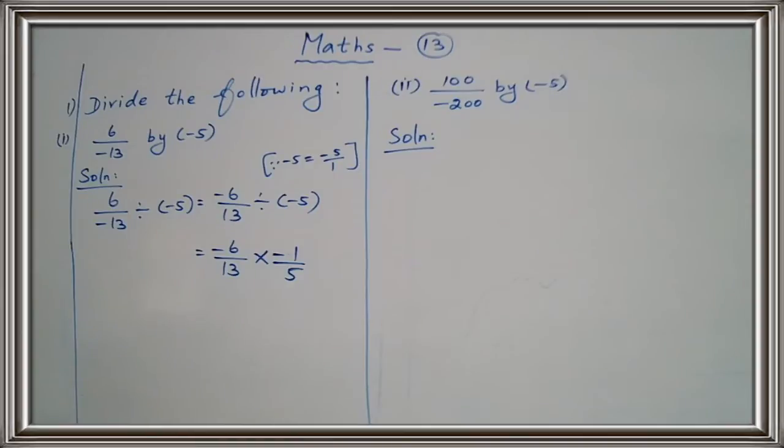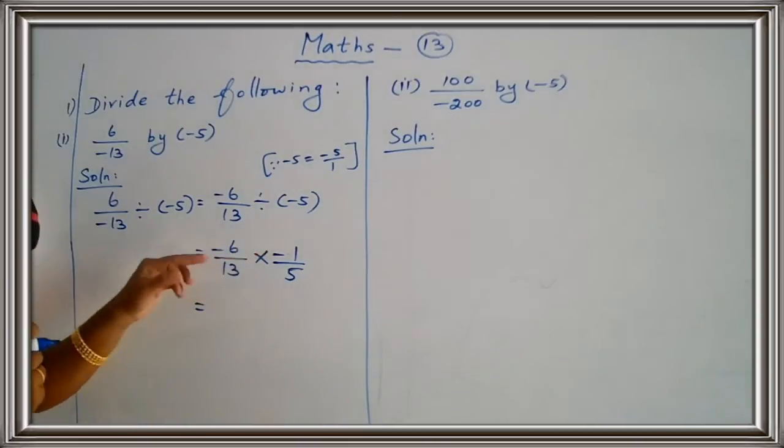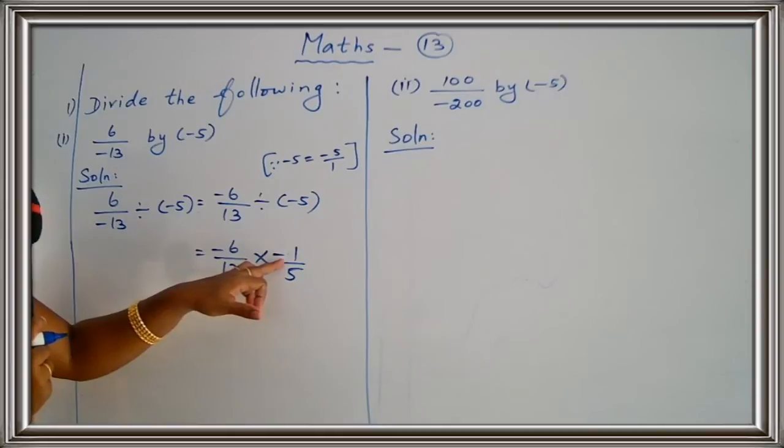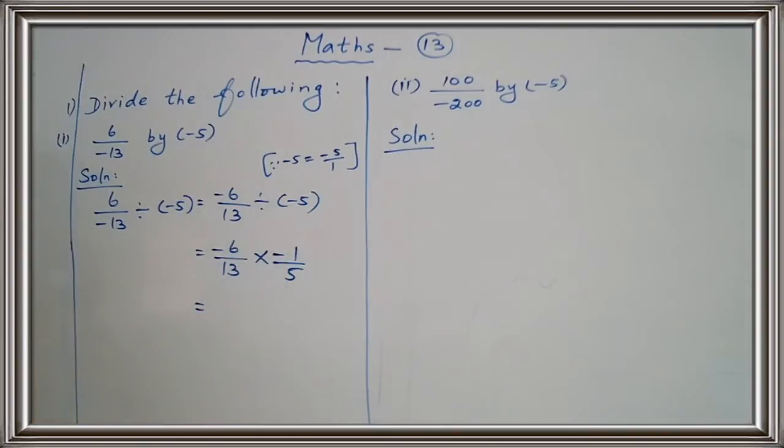So the reciprocal of minus 5 is minus 1 upon 5. The reciprocal of a negative rational number is also negative.